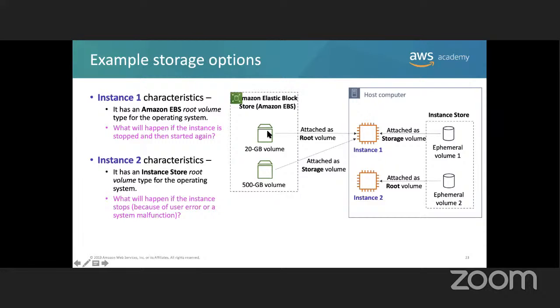It will stay there, right? An instance 2, if it has an instance store root volume type for the operating system, what will happen if the instance stops because of a user error or a system malfunction? Well, it will disappear. Right? It will disappear.